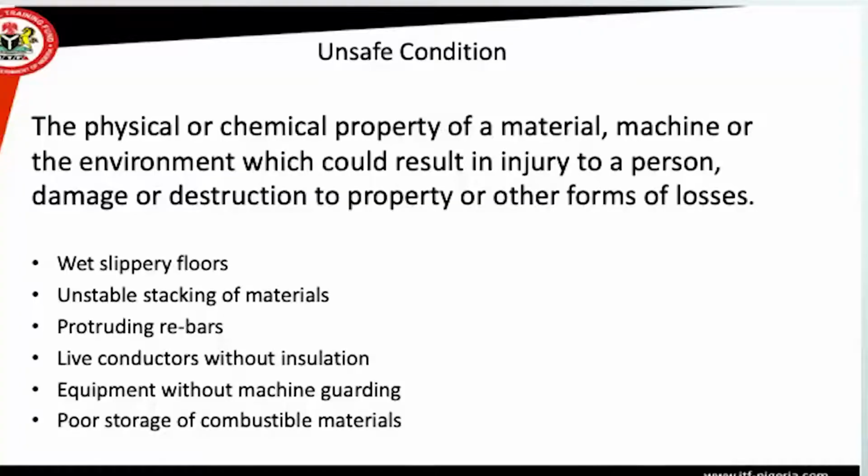But every worker who has made up his mind to work safely needs to take cognizance of all these acts, together with the unsafe conditions that I highlighted the other time. But I can still go over them. Unsafe conditions, I regard as an unfavorable work environment, which ranges from wet floor and slippery floor to unguarded machine condition.